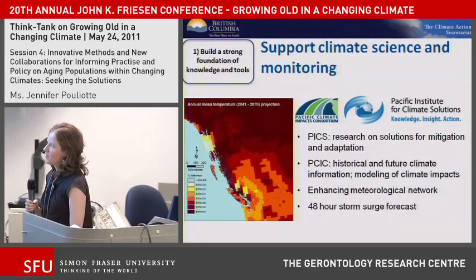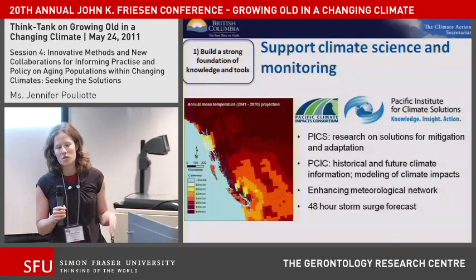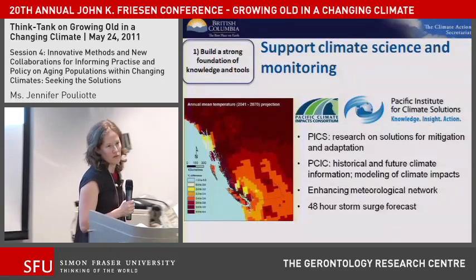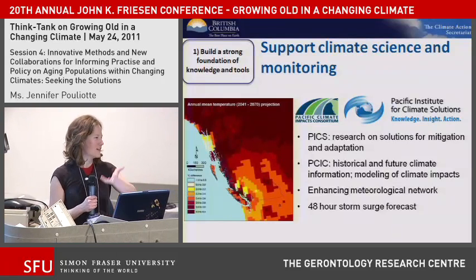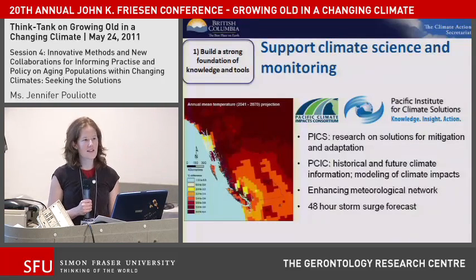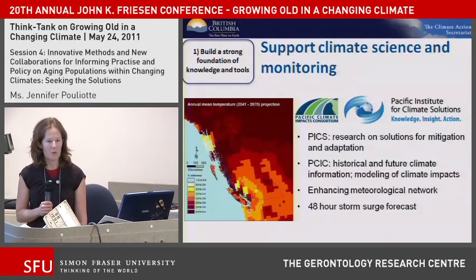The idea is that a lot of this historical information will eventually be housed in one location. And Environment Canada, our federal partner in this work, is also at the table.